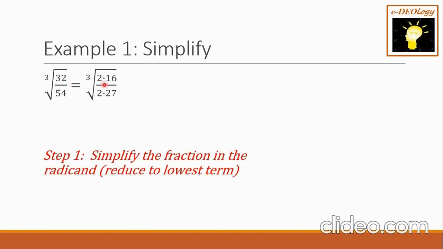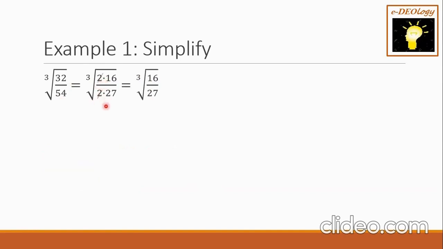The 32 is factored into 2 times 16, and the 54 is factored into 2 times 27, and the number 2 in the numerator and the denominator is common, so we can cancel it. So now the radical is simplified into the cube root of 16 over 27.